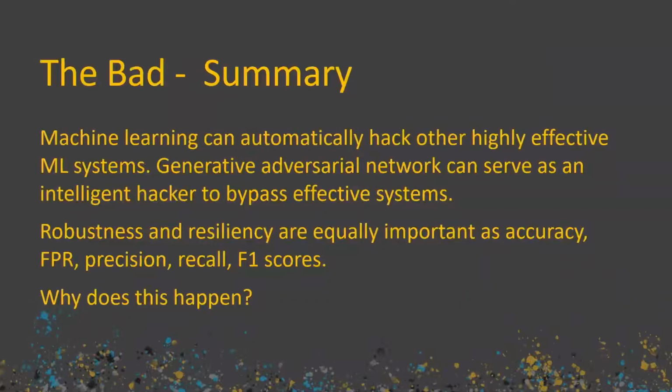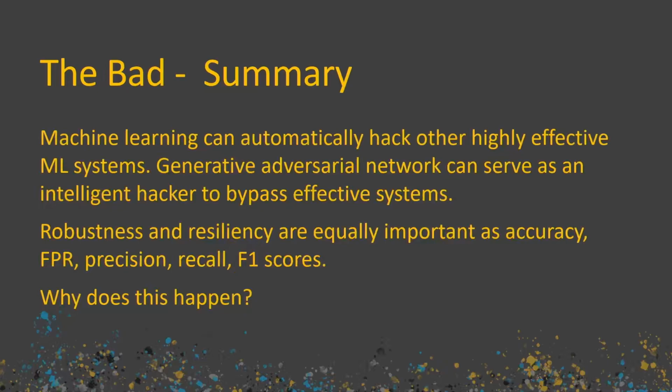Hence, here comes the bad summary. What we have proposed here is that machine learning algorithms can automatically hack other machine learning systems. As we have demonstrated, the generative adversarial network can serve as an intelligent hacker to bypass those highly effective ML systems.